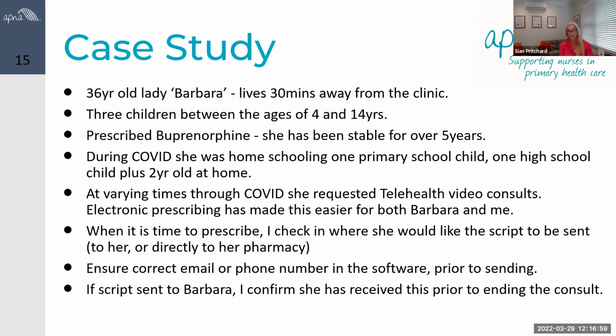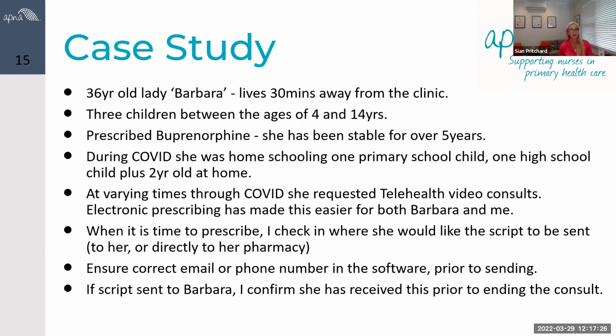I ensure that I've got the correct phone number or the email that Barbara wants that script to go to, and then I click send. Before I finish my consult, I ask them to confirm that the script has come through to them. It's pretty instantaneous. Actually, I can often hear their phone making a buzzing noise with that message coming through to them.